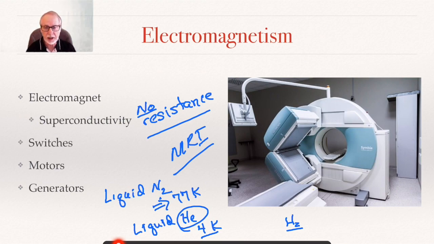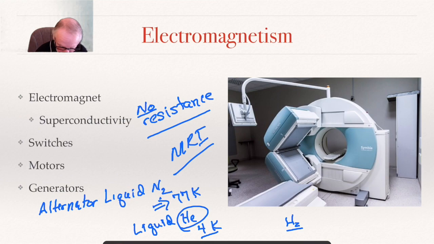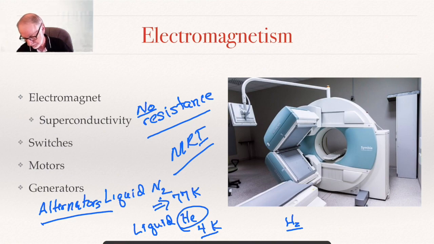But it's also in the generators, or in fact frequently called alternators, in your car, which will keep your battery charged. As the car moves, it's going to generate electricity that can charge up your battery through a kind of generator process.